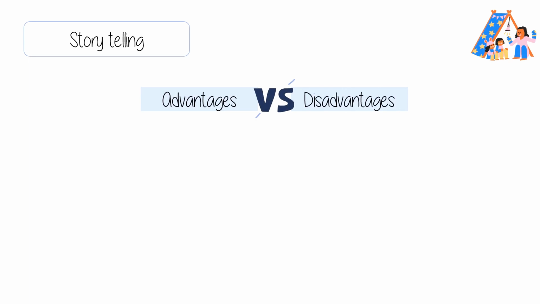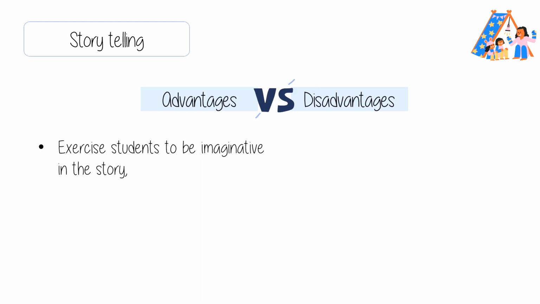The next is the advantages and disadvantages of storytelling. The first advantage is that it exercises students to be imaginative in the story. Because the storytelling activity does not show a picture, it will make students think about maybe the picture of the character or the sequence of events in the story.